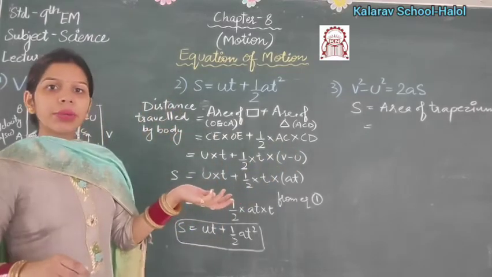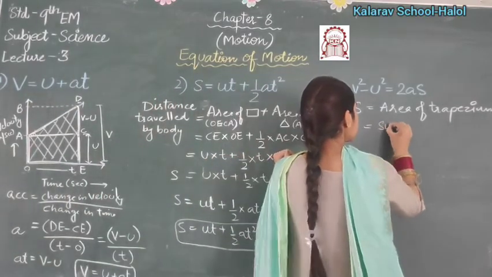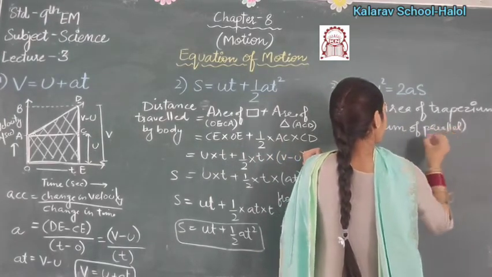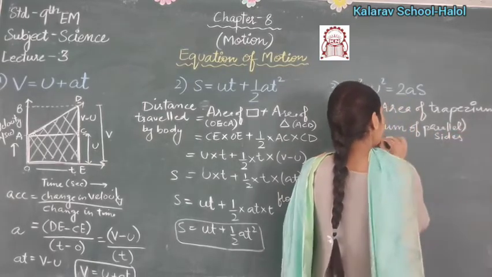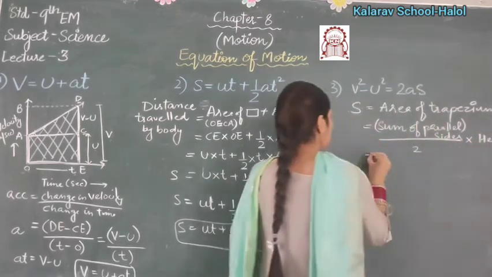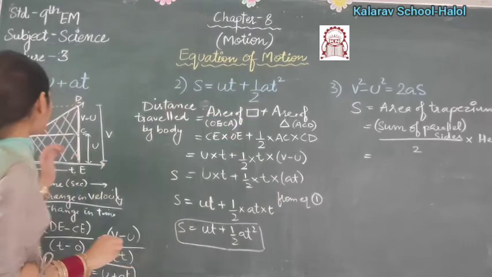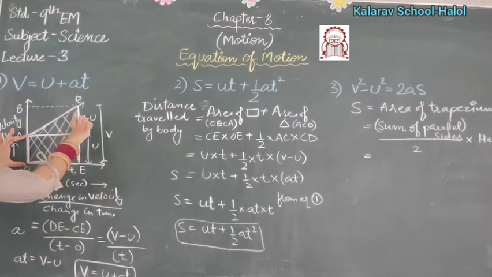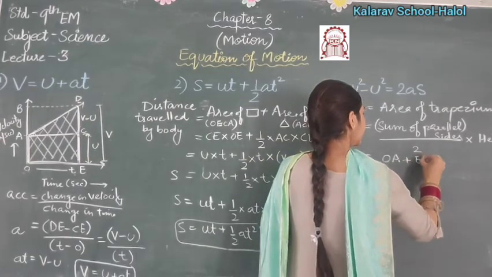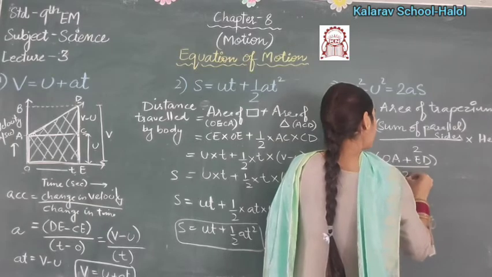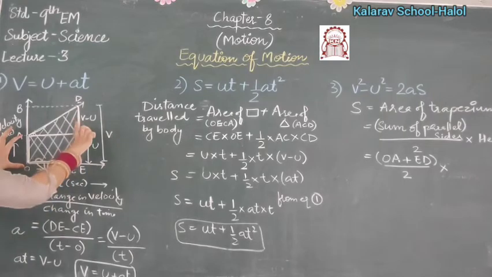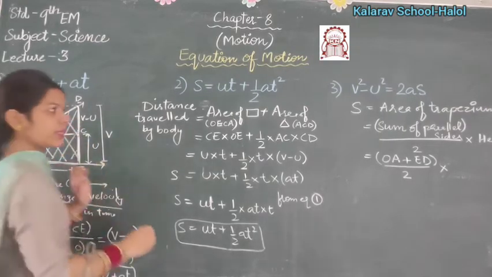The area of a trapezium is the sum of parallel sides divided by 2 multiplied by height. Here the parallel sides are OA and ED. So it is OA plus ED divided by 2 multiplied by the height. What is the height? That is AC.